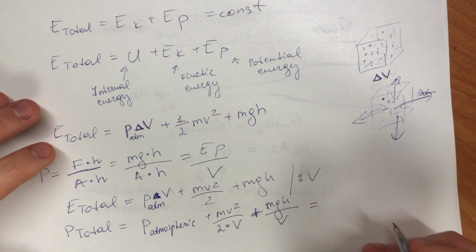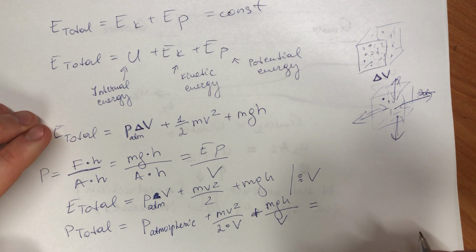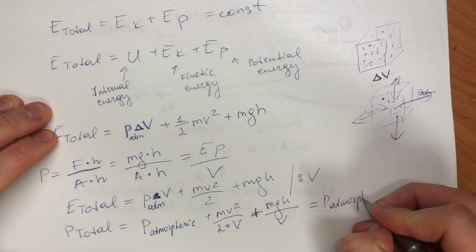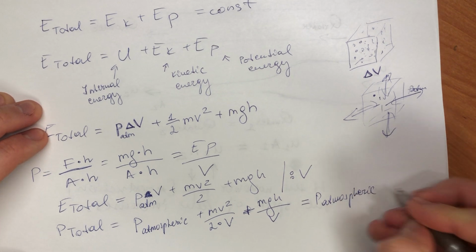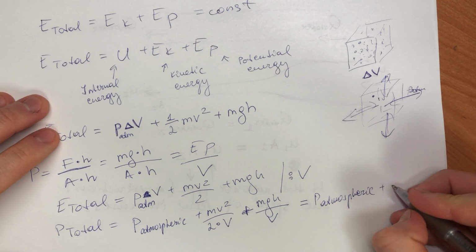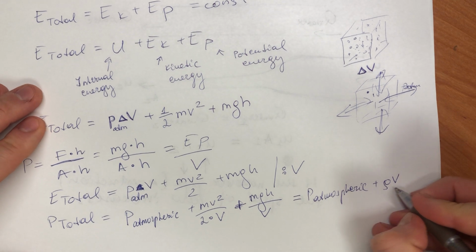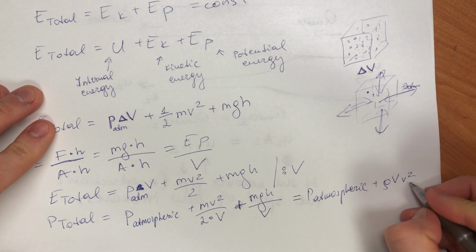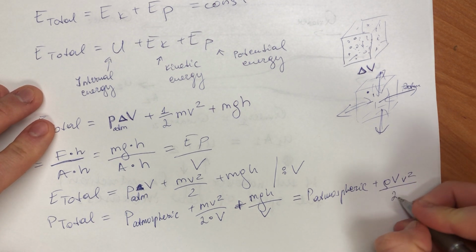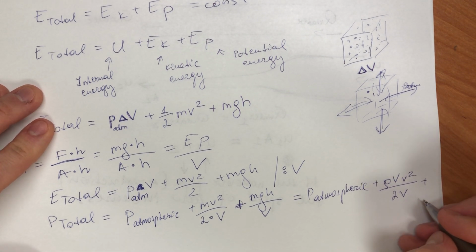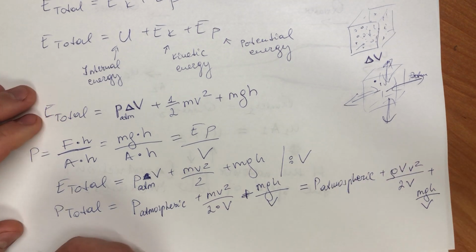We get P atmospheric plus mass, density times volume, speed squared over 2V, plus mgh divided by volume.